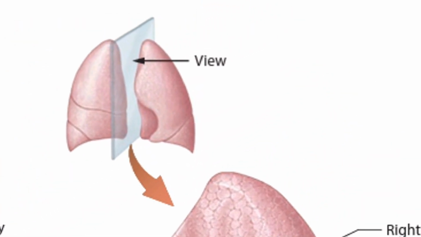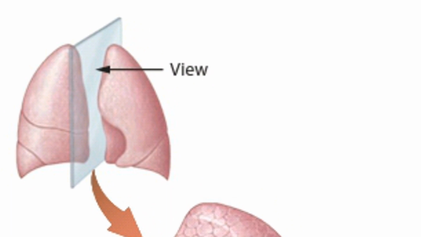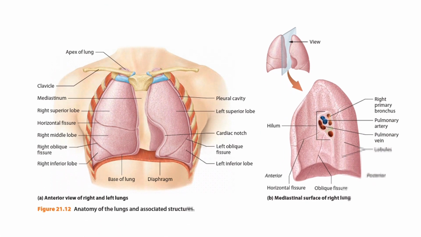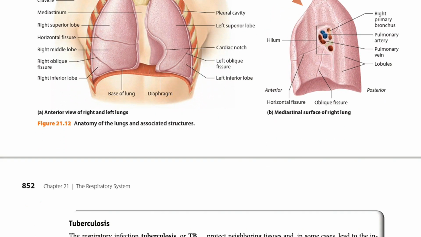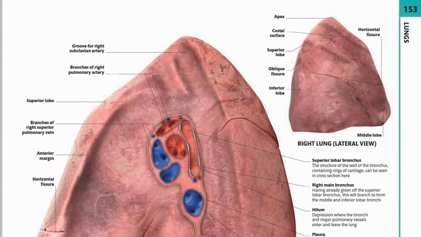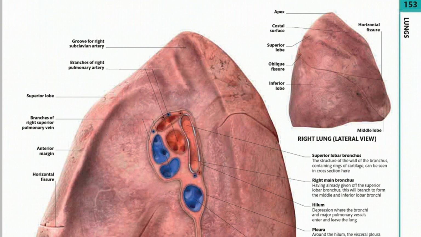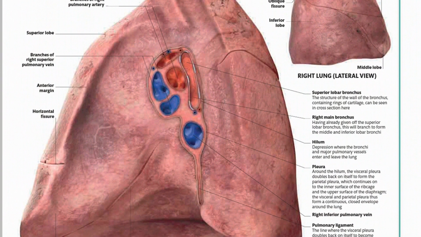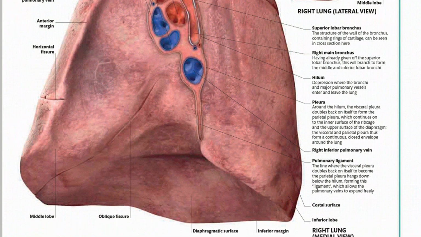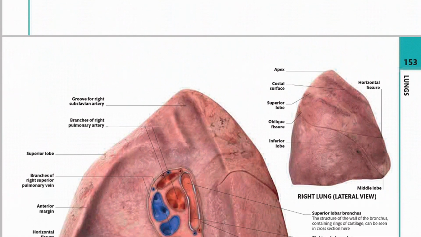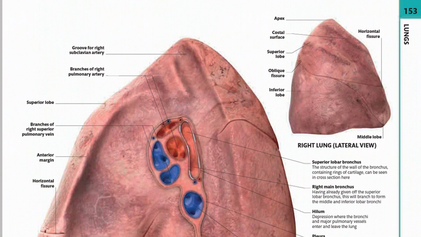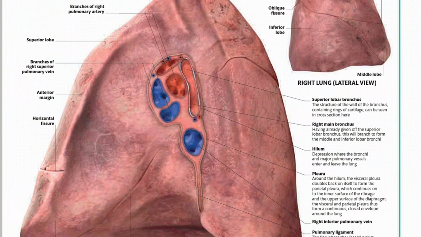You can understand we are viewing in the direction of the black arrow, so from that view the lung looks like this. This is also a figure of the lung. On the right hand side all the names are given. Lobes and fissures, apex, everything is shown.